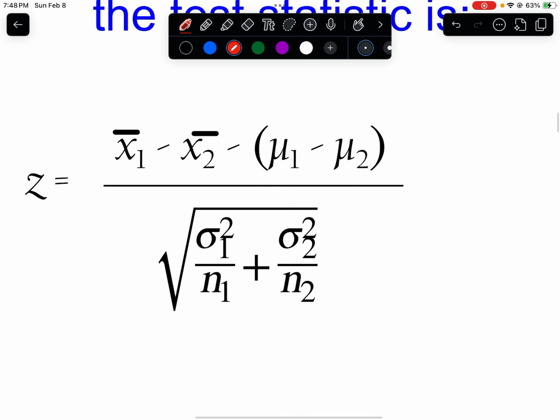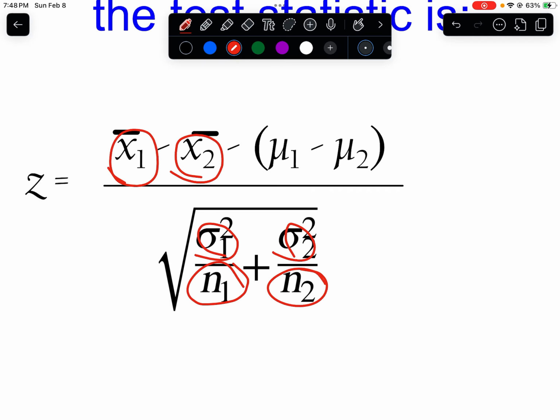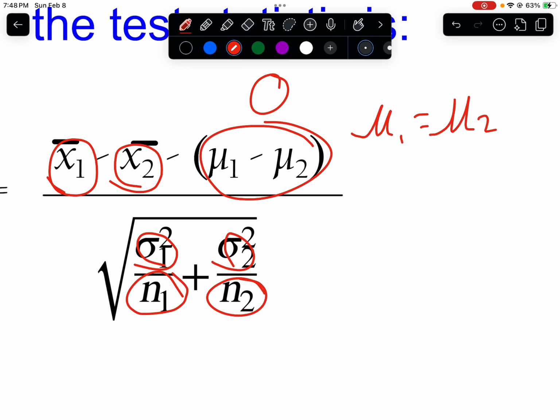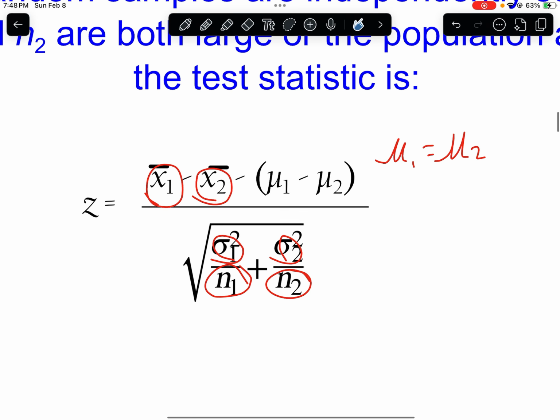Again, we're going to be able to find numbers for each of these. A lot of times we work under the assumption that mu1 equals mu2, so a lot of times this whole thing ends up being 0, which is kind of nice. It simplifies that piece a little bit. Again, it's not a guarantee every single time, but it's pretty consistent.